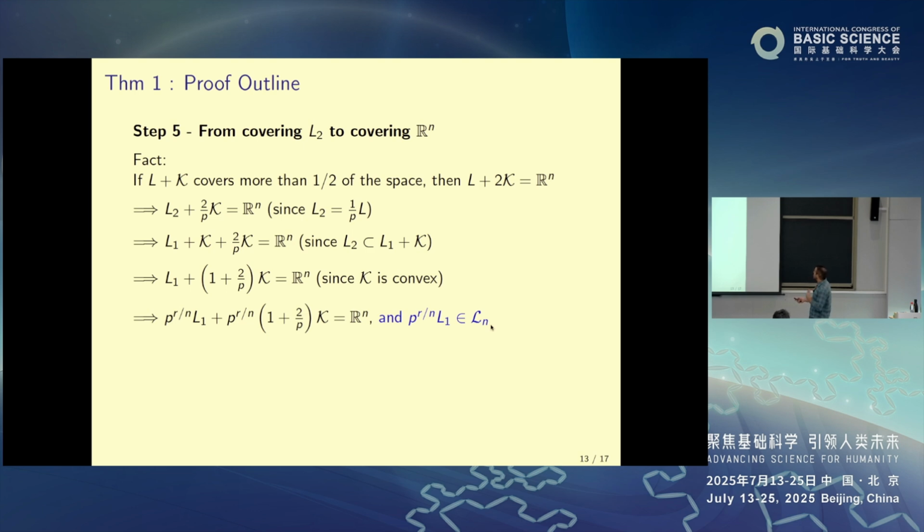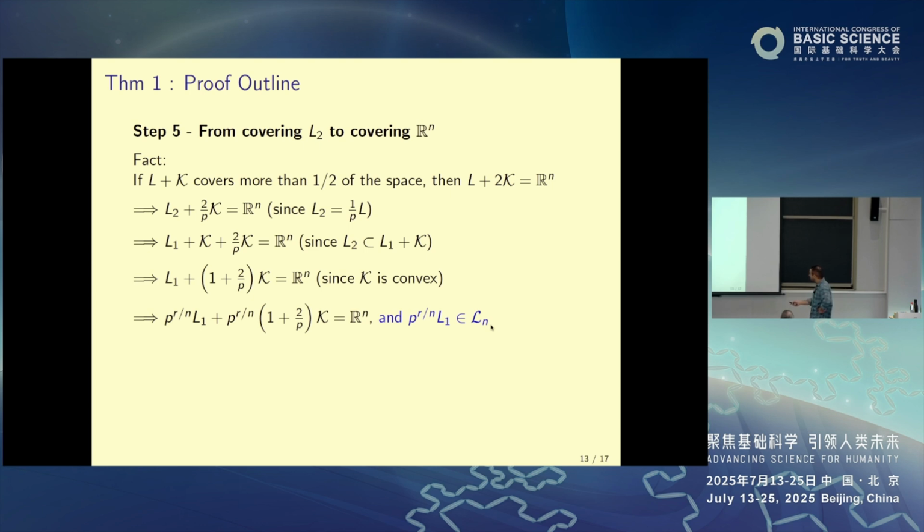Now, I've already established that L2 is contained in L1 plus K. All of its points are covered by L1 plus K. So if this holds, then definitely L1 plus K plus 2 over P K equals Rn. And now is the first and basically only time that I use convexity of K. Since K is convex, this Minkowski sum is equal to 1 plus 2 over P times K.